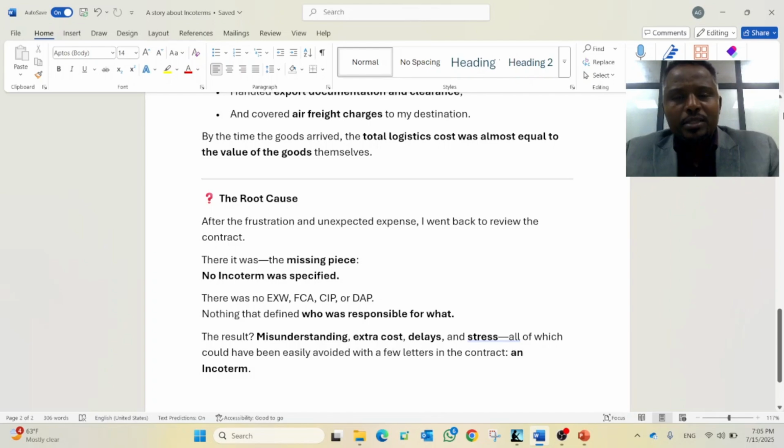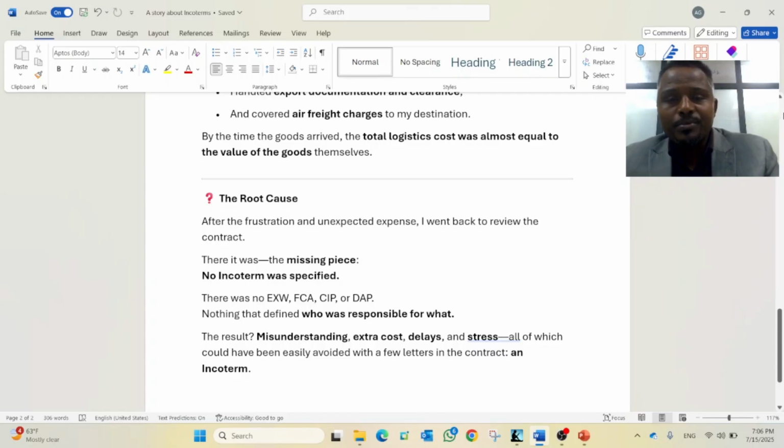So why did this misunderstanding happen between my supplier and me? There was one missing piece, one word, just 2 or 3 letters. The problem was that no Incoterm was specified. Nothing defined who was responsible for what. So what was the consequence?